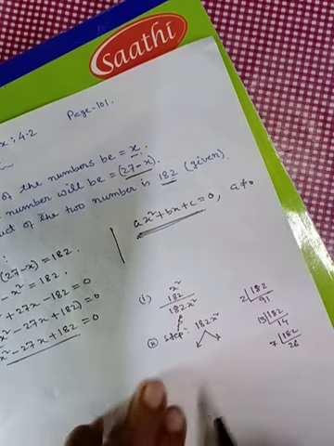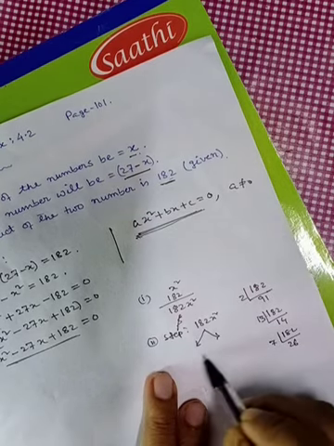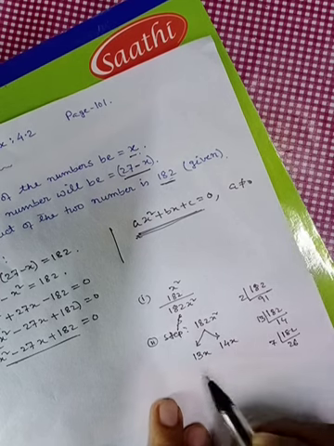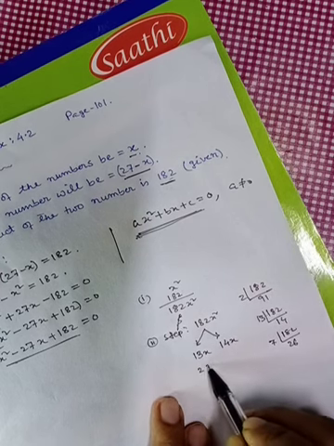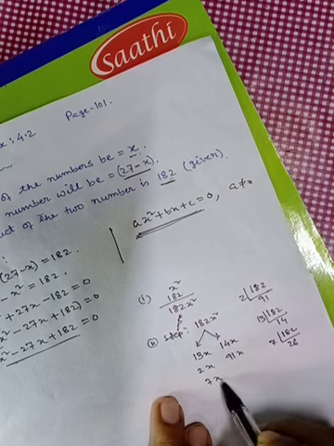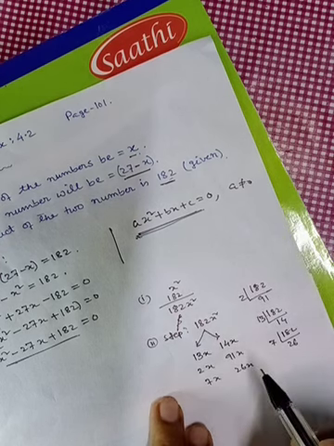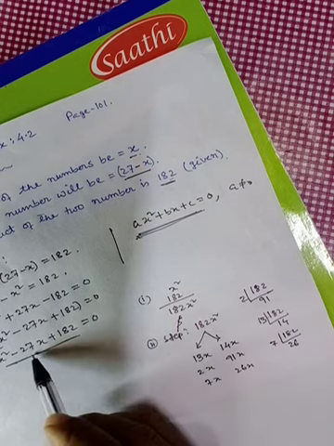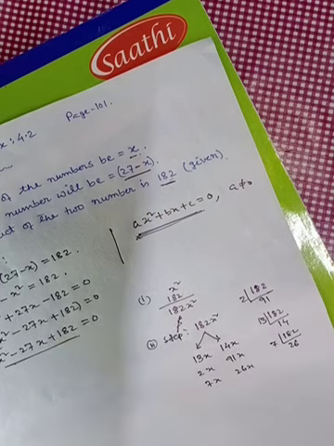There are so many factors, so we take only one. Say 13x into 14x, 2x into 91x, 7x into 26x. We should see which one will be correct for us, so that the sum of the two factors must be minus 27x.